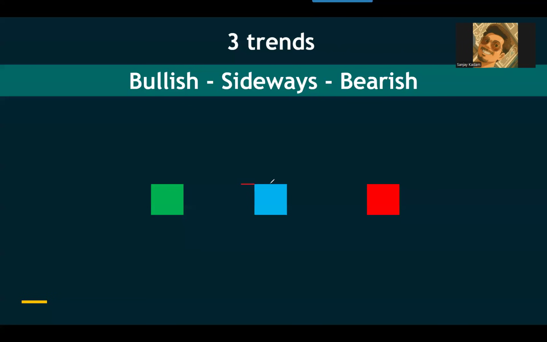When price gets trapped in two lines, we normally showcase that phase in this bluish format. And when it breaks one of the boundaries, suppose the upper boundary is broken, then price enters into the bullish trend.